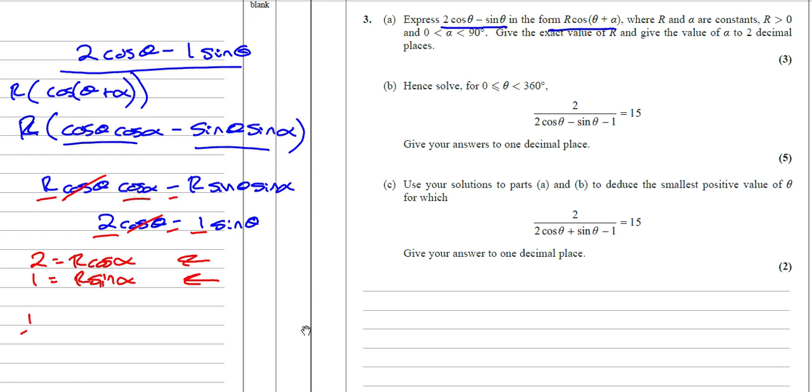That's going to be 1 over 2 equals, r divided by r goes, and sine alpha divided by cos alpha equals tan alpha. So if we inverse tan it, we can see that our question is in degrees. So making sure that you calculate it in degrees, the inverse tan of a half equals 26 point, and we've got to give this to 2 decimal places, so 26.57.